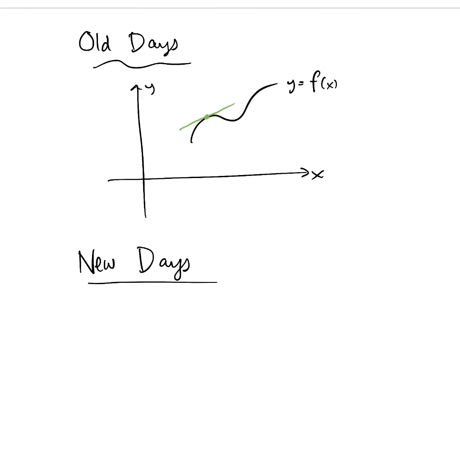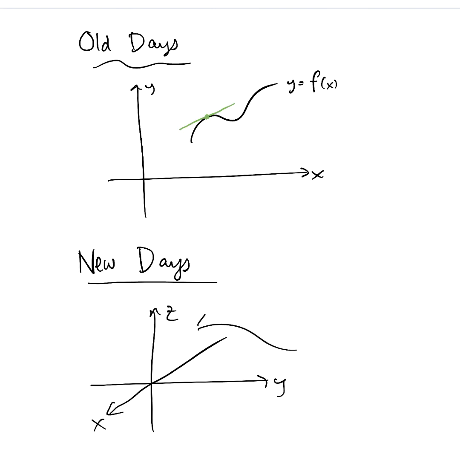Now in the new days, it's the x, y, z coordinate system. X out of the screen, y to the right, z pointing up. And it's not curves, it's surfaces. Maybe there's a mound like that in the surface.